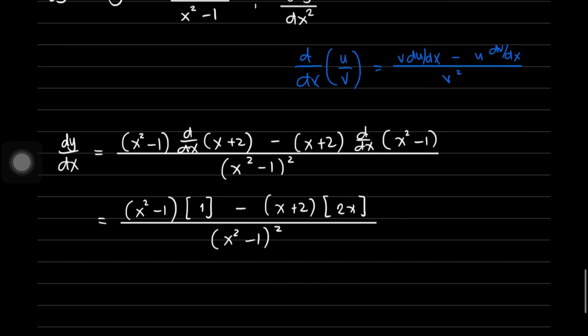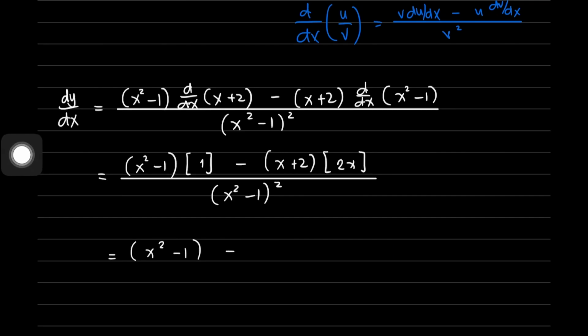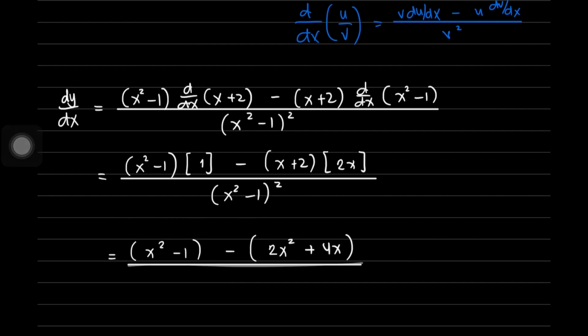So if we're going to simplify this one, we have x squared minus 1 minus x times 2x, so that will give us negative x squared, and then 2 times 2x will give us 4x, right? All over x squared minus 1 quantity raised to the second power.